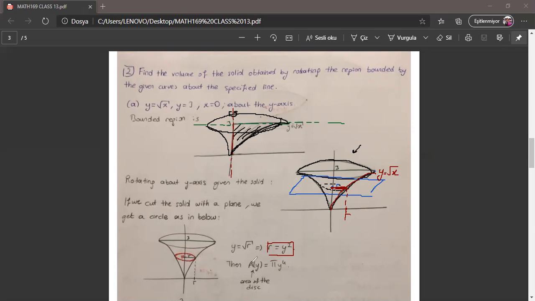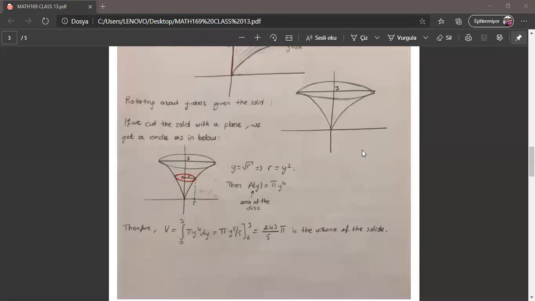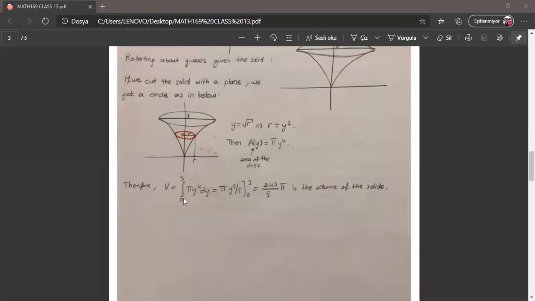Now what's the area of this cut? It is pi times the square of the radius, pi y squared, which is pi y to the 4. So this is the area. Then the only thing is to integrate this area with respect to y, of course, right?